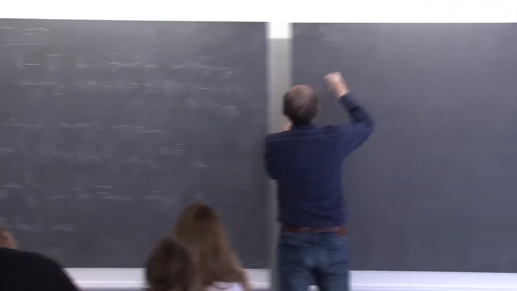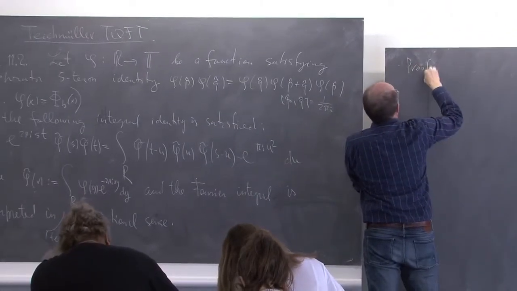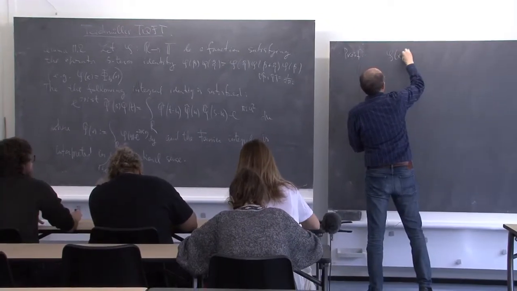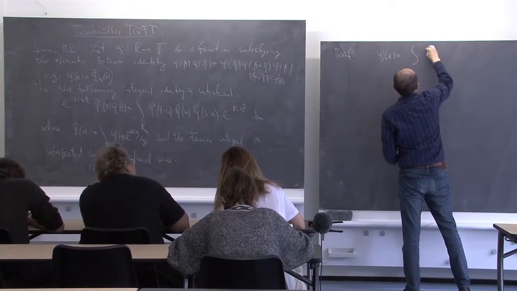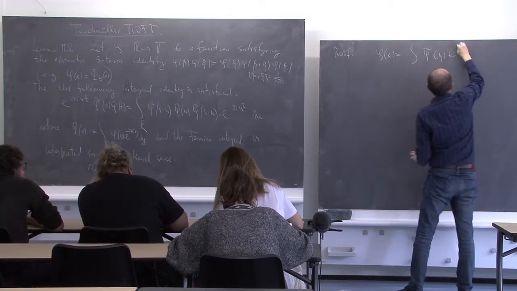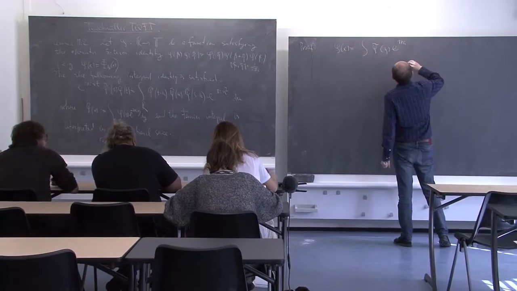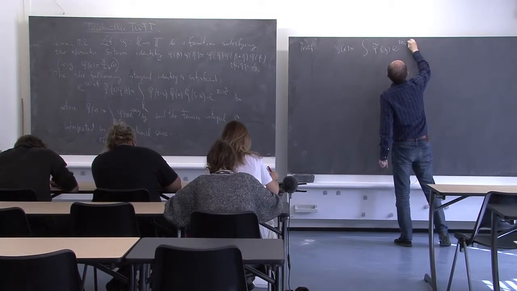Okay, so proof. So we, of course, by inverting the Fourier transform, have a formula: phi of y equals the integral of phi tilde of x e to the 2 pi i xy dx.